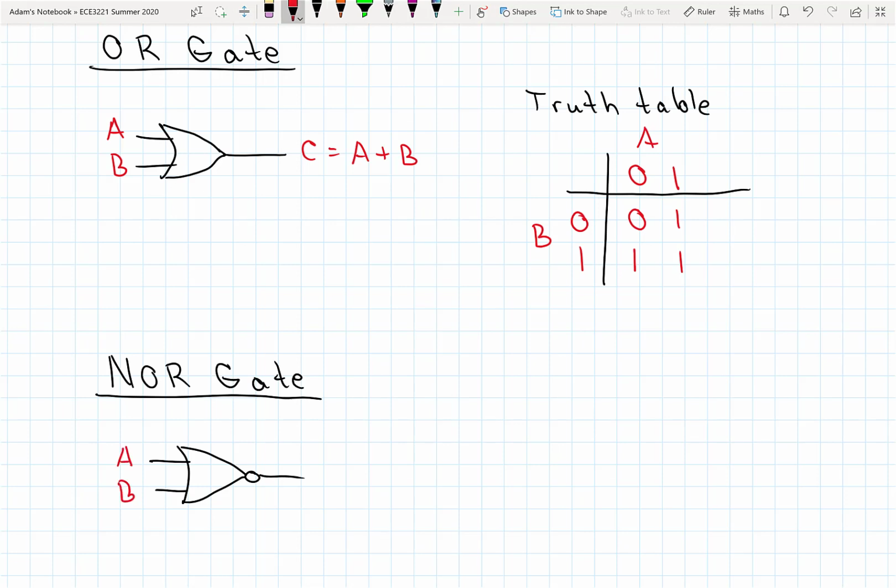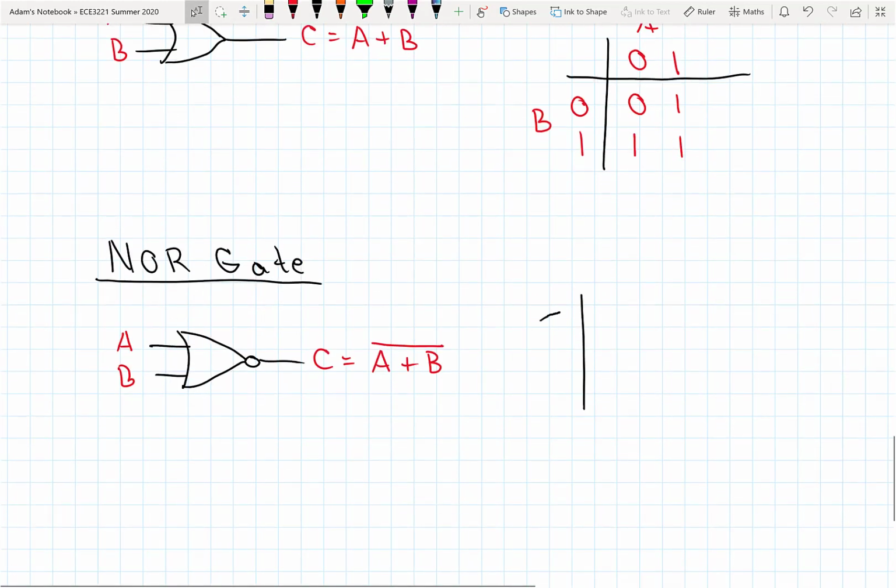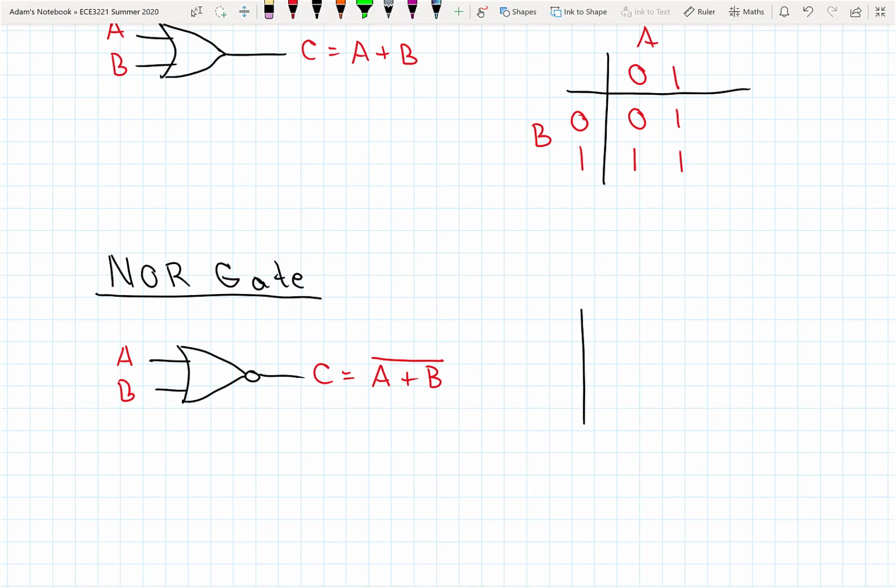So A and B are combined to form C. So we have A OR B NOTed. The truth table in this case is just the inversion of the truth table of the OR gate that's shown above here.